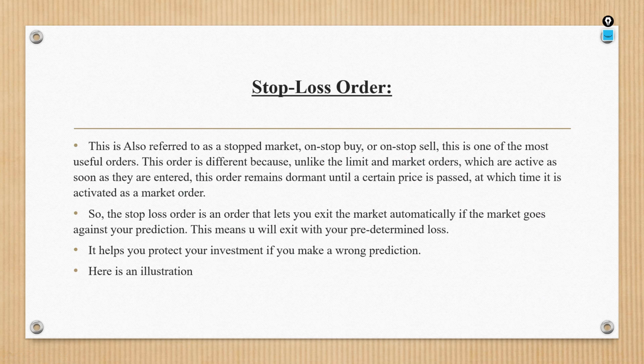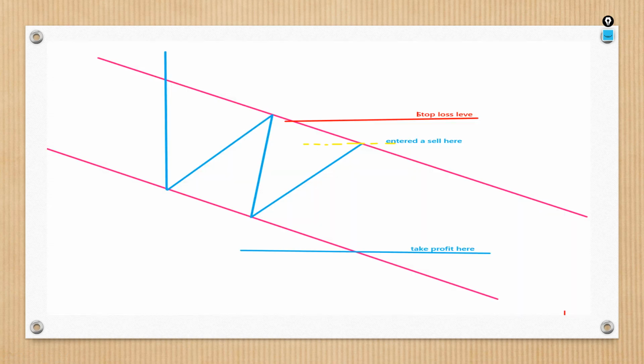You are able to control how much money you lose by using a particular order called the stop loss order. So whenever a stop loss order is hit, you exit the market with a loss. And it happens automatically. If you enter a trade and you put a stop loss there, you exit with a loss. So let us see an example.